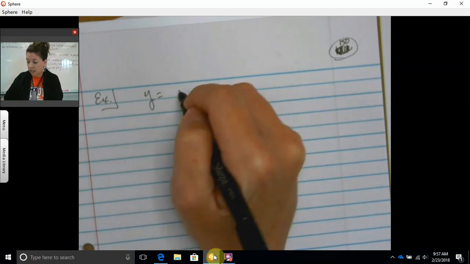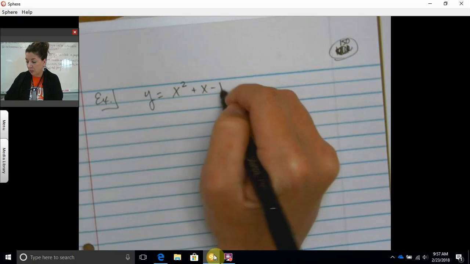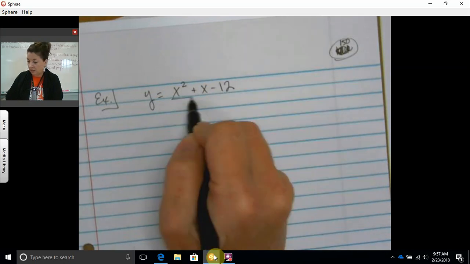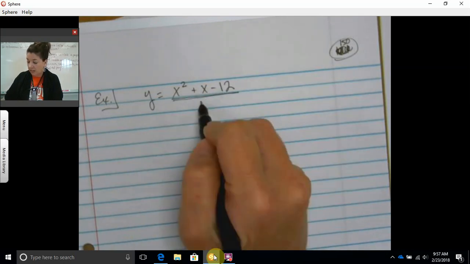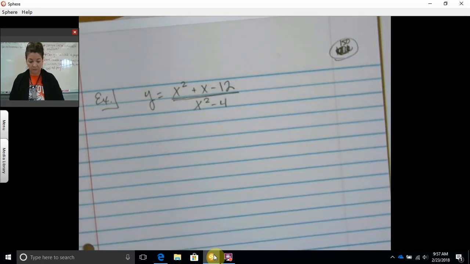y equals (x squared plus x minus 12) divided by (x squared minus 4). Before I start the steps, I'm going to go ahead and factor anything that I can, numerator and denominator, okay?